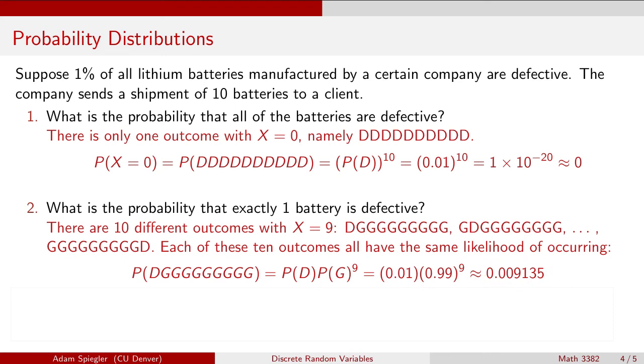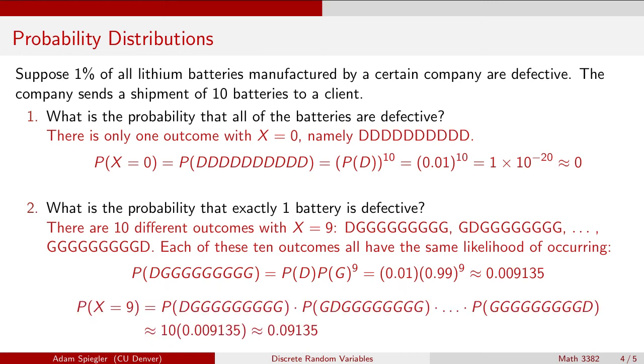So altogether, if we want to calculate the probability that X is equal to 9, that we get exactly 9 good batteries, I could take this probability over here and add it to this probability over here. And actually, we're adding all of these probabilities.